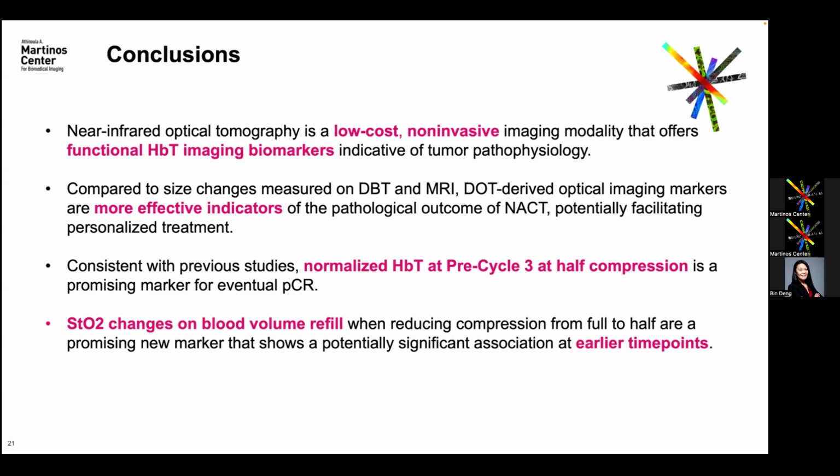So Randy asked a question: does compressing the breast tumor during functional optical imaging have any negative impact due to increased metastatic disease, mechanically induced tumor spread? We don't think so, because compression is typical, like for X-ray mammography, and our compression does have a much longer time than the clinical one.